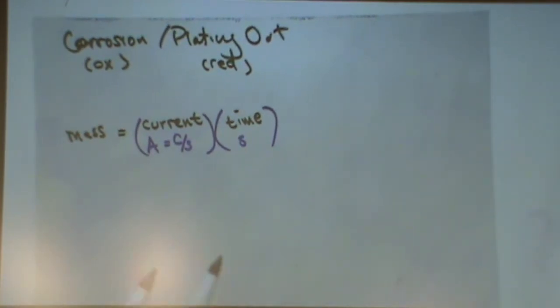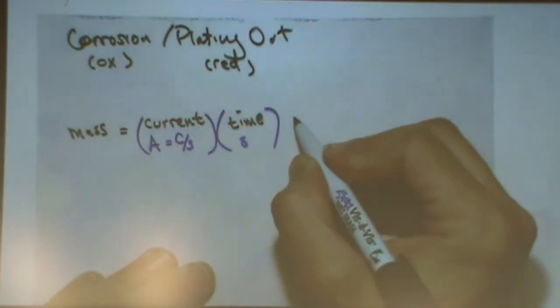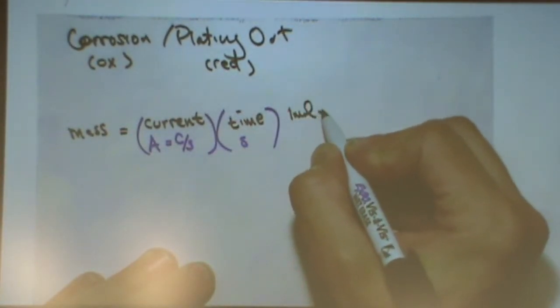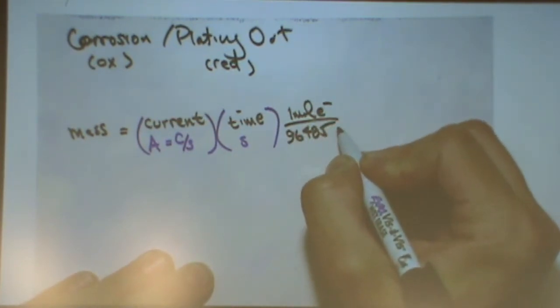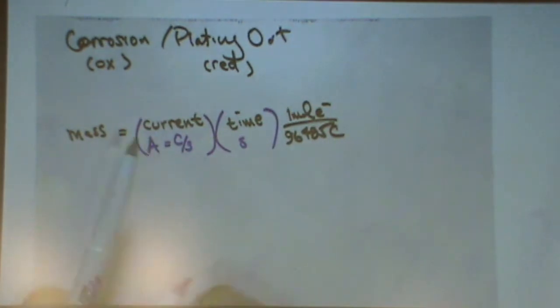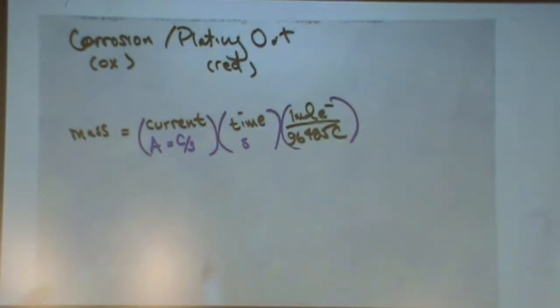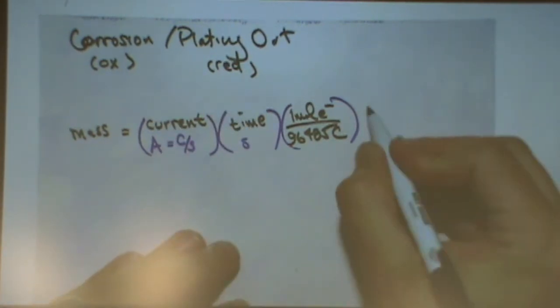It's basically 1 mole of electron per 96,485 coulombs. So this conversion drops the coulombs, and now you're at moles of electrons. Because you knew the current, this converts to how many moles of electrons are going through at that same current. All right, then from there, you need a molar ratio.